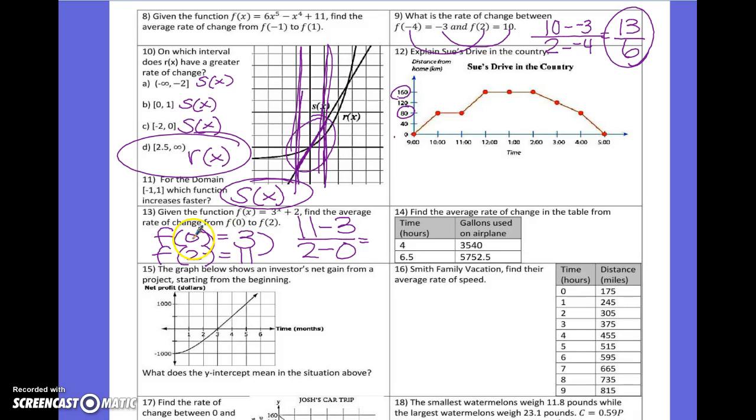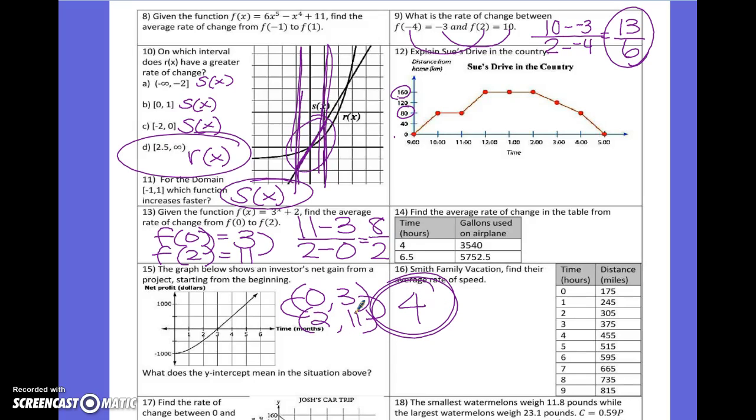If you can't see it from there, feel free to write them as ordered pairs, (0, 3) and (2, 11). Or you can do it the other way around, 3 minus 11 and 0 minus 2. So here we have 8 over 2, and 8 divided by 2 is 4. So the average rate of change for number 13 is 4.